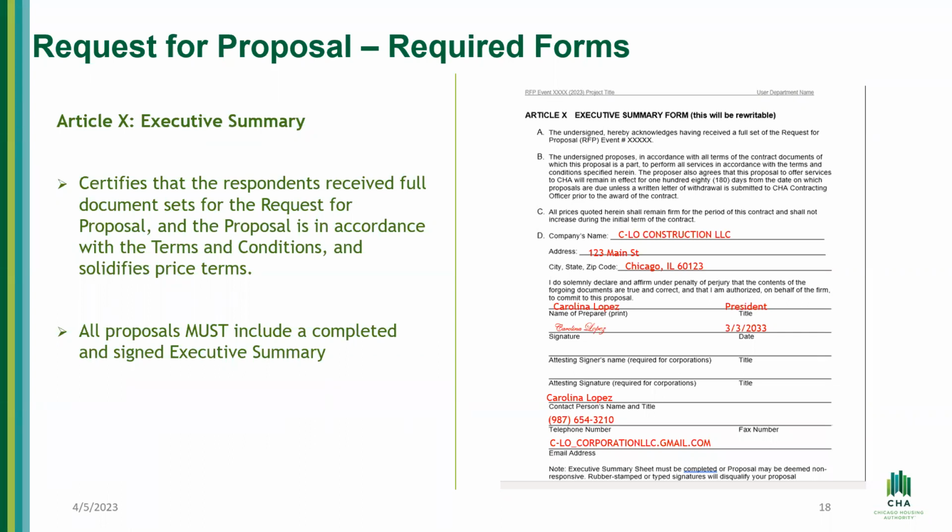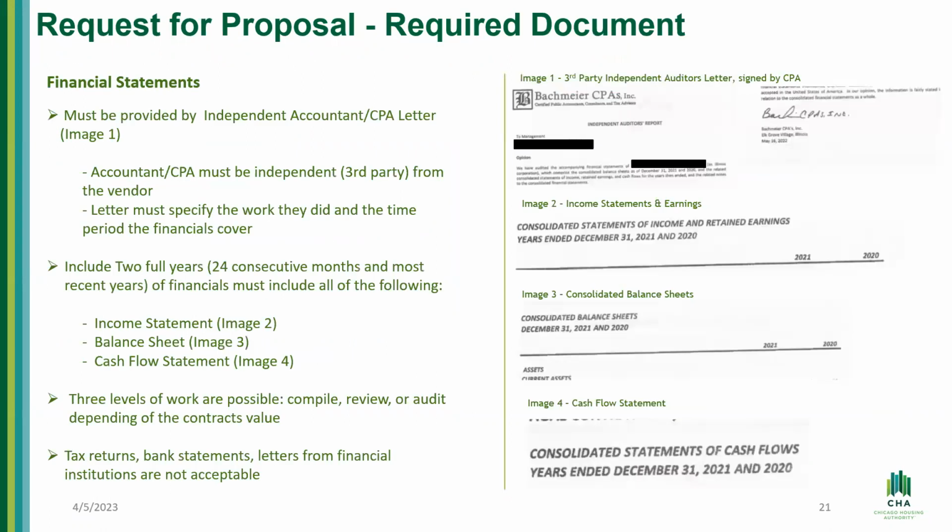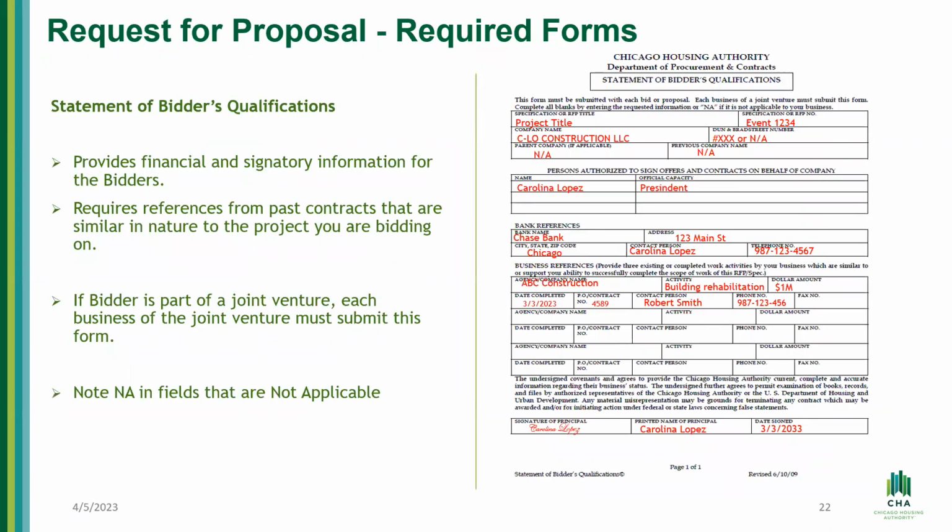I guess if no one has other questions... I have several questions. Go ahead. Yeah, I had my hand raised. I don't know if y'all weren't able to see it just because of the screen. But on slide 22, if you're not a joint venture, do you have to fill this out? If you're not a joint venture, you do have to fill it out.